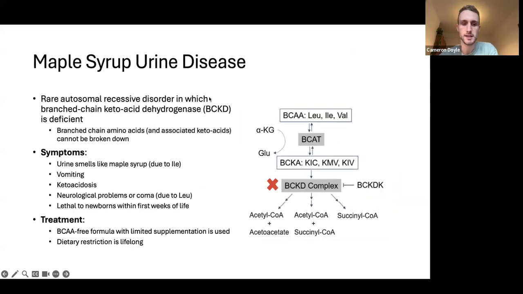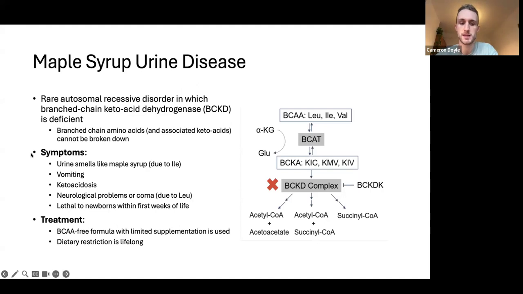Maple syrup urine disease, great name. Not very pleasant for the person with it, but you have a loss of function mutation in this enzyme, branched chain ketoacid dehydrogenase. And you essentially get a build-up of branched chain amino acids, which is quite a few different amino acids.